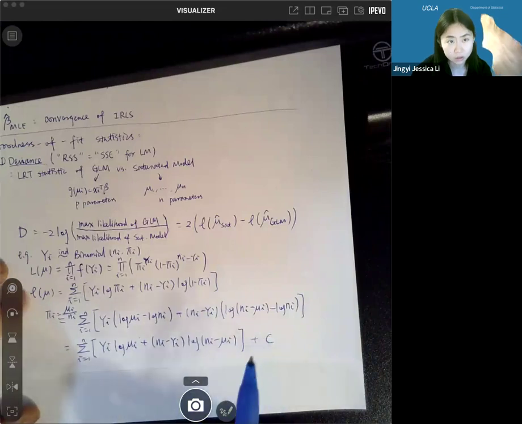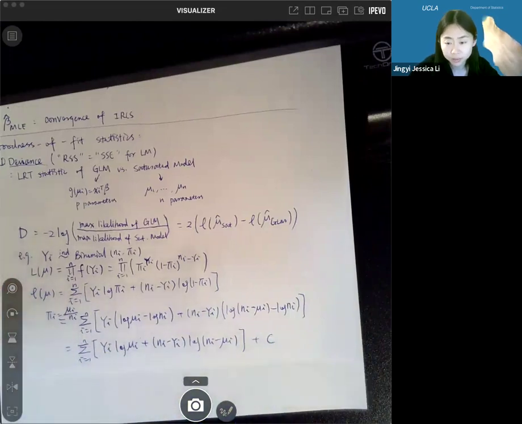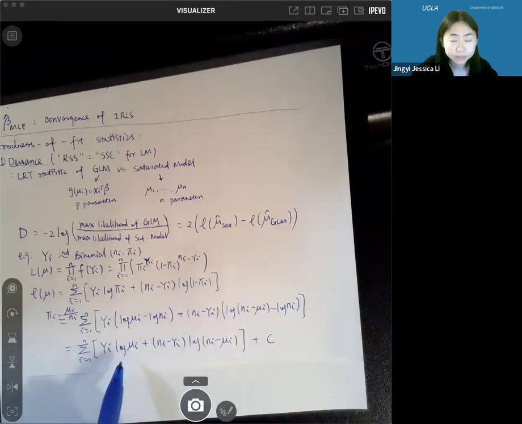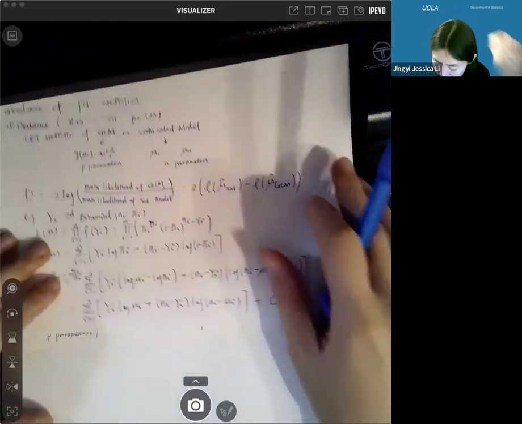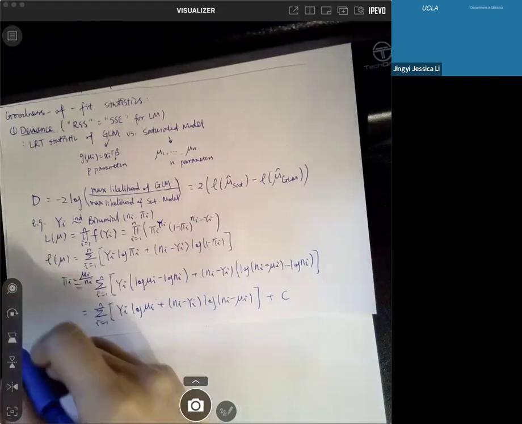The constant can be ignored because it has nothing to do with mu_i. So if this is the log likelihood we work on, then we need to know what the mu_i hat is for the generalized linear model, for logistic regression. What is the mu_i hat for the saturated model? That's yi, which we already know.